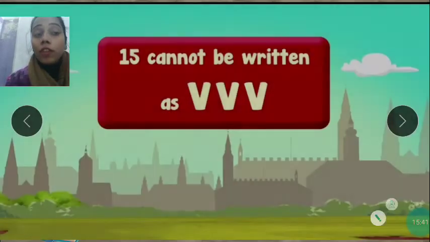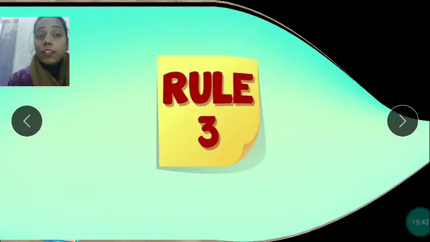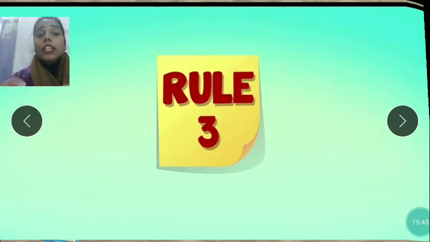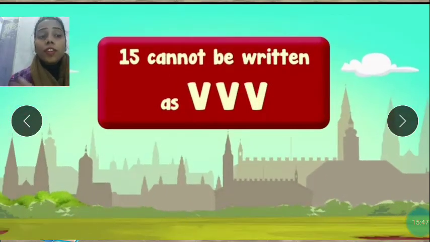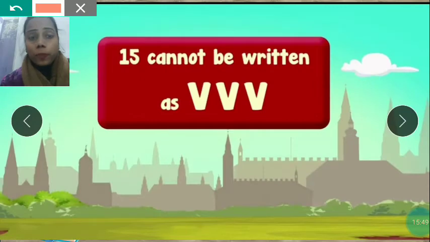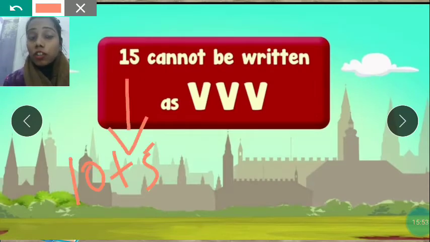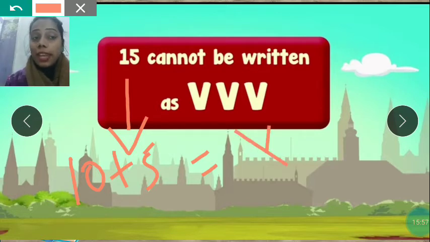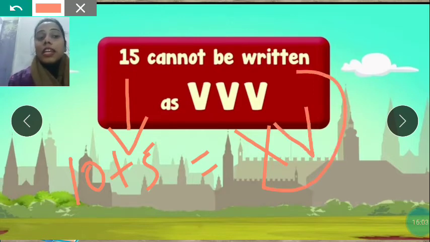Instead of that, how will we write 15? Think, students. See here, can we write 10 plus 5? The value of 10, according to the Roman numerals, will be X, and the value of 5 will be B. So the Roman numeral for 15 is XB.